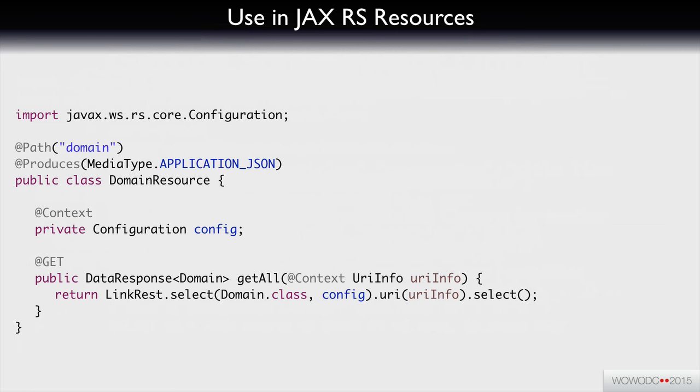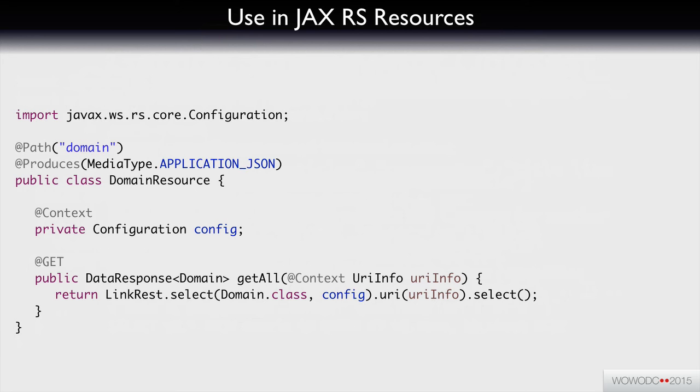So now, using JAX-RS resources. That's an example of a simple domain resource that only allows you to read domains. It doesn't allow you to update, and we'll show updates as well. And as you see, it's a one-liner. This fluent API starts with LinkRest.select, because we'll be selecting information, and we give it a type, we give it a config, and the config gives this object access to the LinkRest runtime.